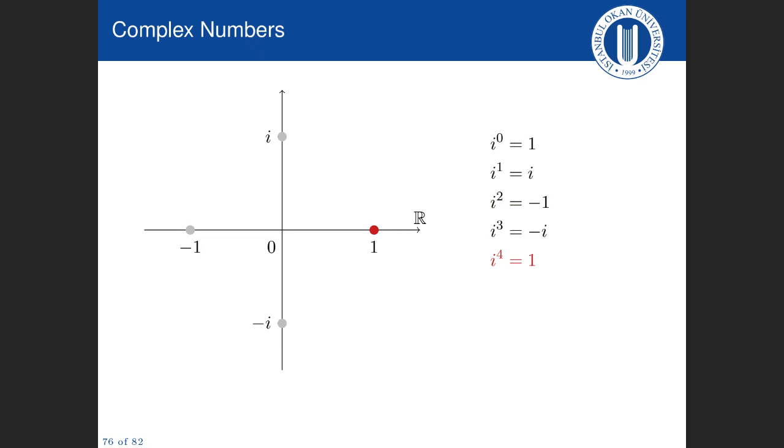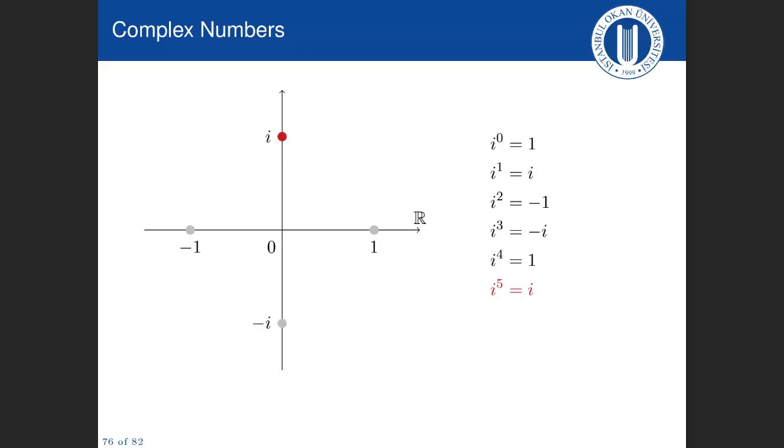Look at the pattern that's going on here. Look at the spot on the picture. i to the power 5 is i, i to the power 6 is minus 1, i to the power 7 is minus i, and so on. i to the power 8 is 1. Go round and round the circle.